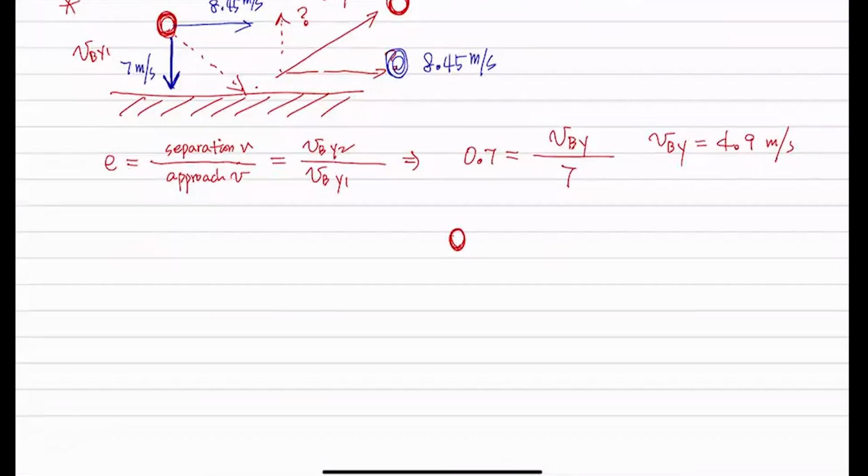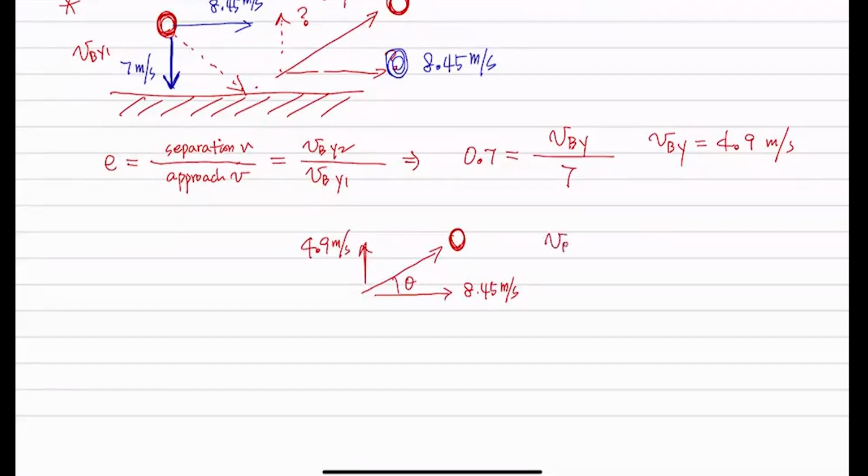Finally, how this ball moves is it has a horizontal velocity of 8.45 meters per second, and the vertical velocity was 4.9 meters per second. So we can find the angle and the magnitude, right?